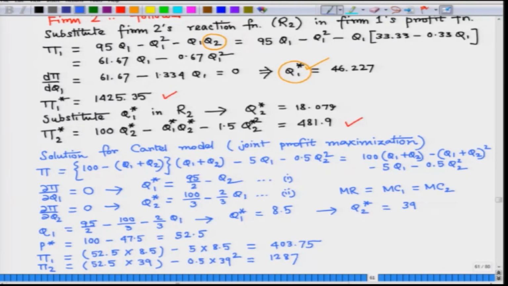Okay. So, these are basically the individual firms' profits. So, with this illustration we come to an end of our discussions on oligopoly models.